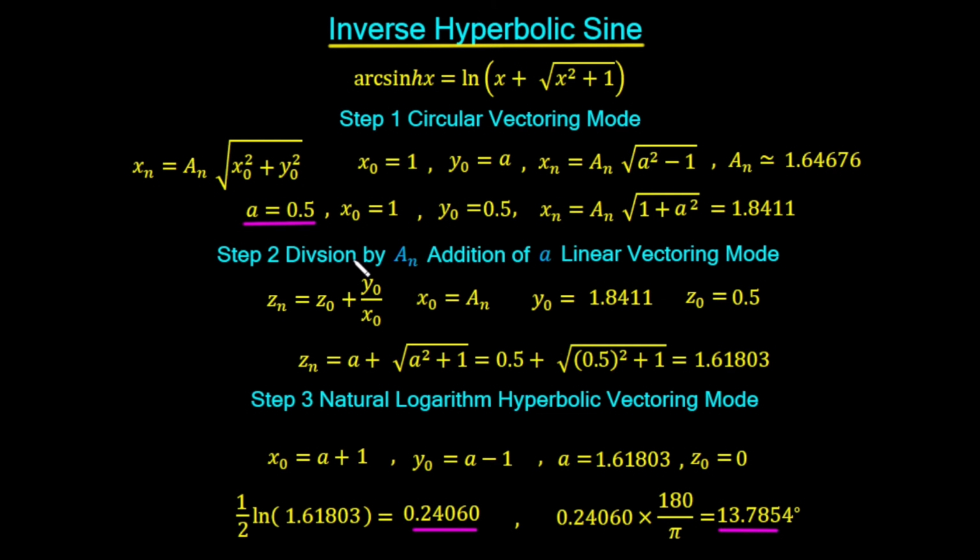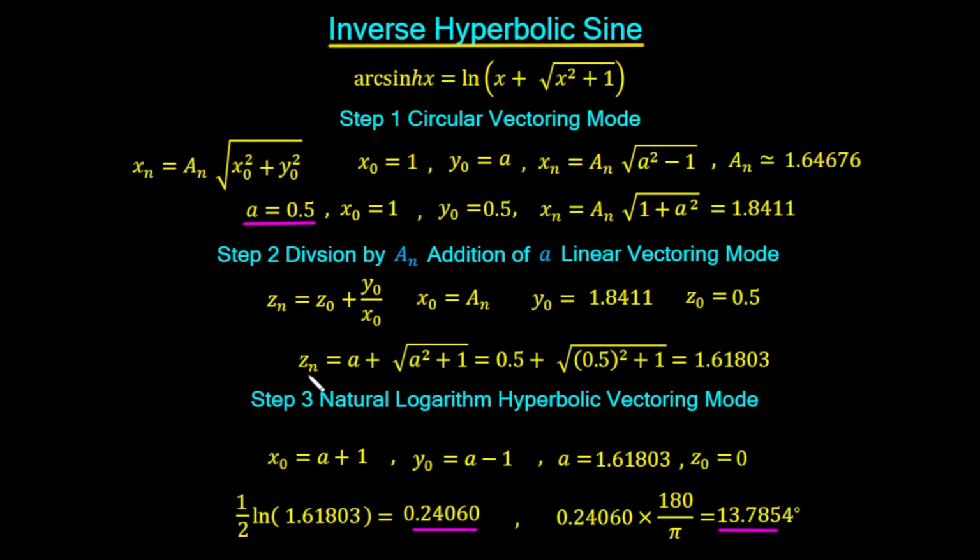It's going to be the division algorithm, and we're going to divide by an, which is 1.64676, and the value for our y0 is going to be the output from step 1, which is 1.8411. And the value for our z0 is going to be our input here, which is just 0.5.